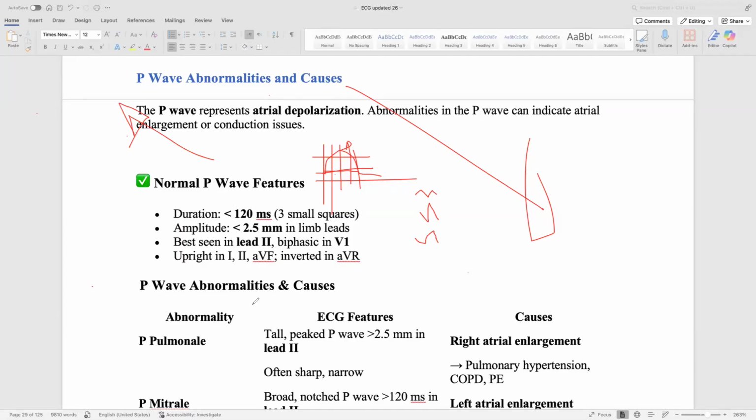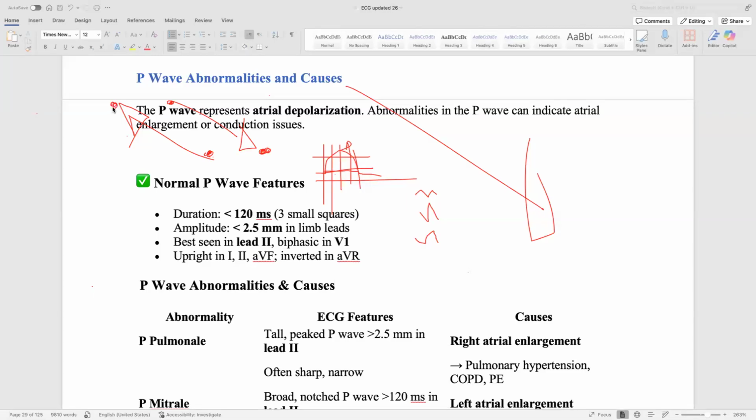So, in summary, the P wave should be upright in lead 2 and negative in aVR, because in lead 2 the electricity is going this way and the lead is here. In aVR, the ground is in the middle of the chest and the lead is reading on the right side.